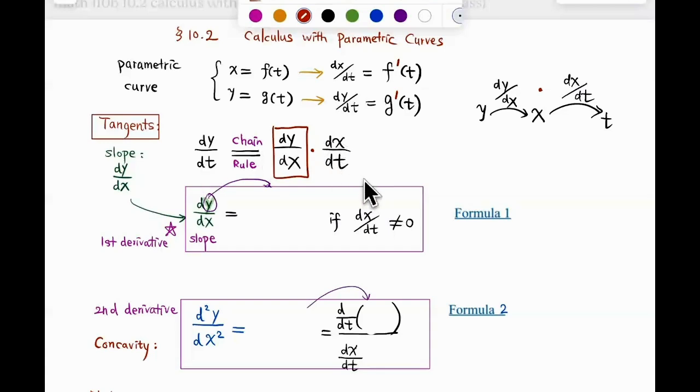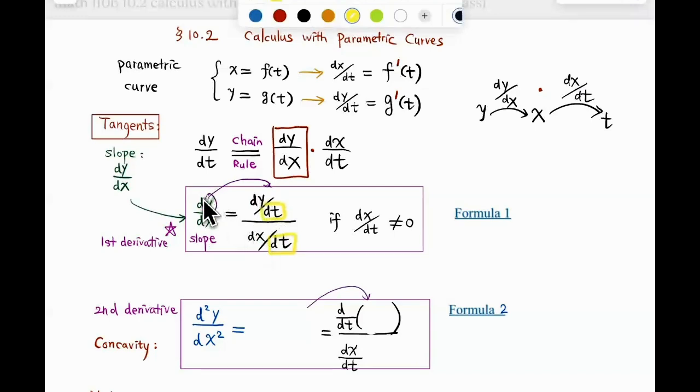So it will be dy/dt divided by dx/dt. Notice that both of them have this dt down here, right? So now we have this dy/dx can be expressed as dy/dt over dx/dt.